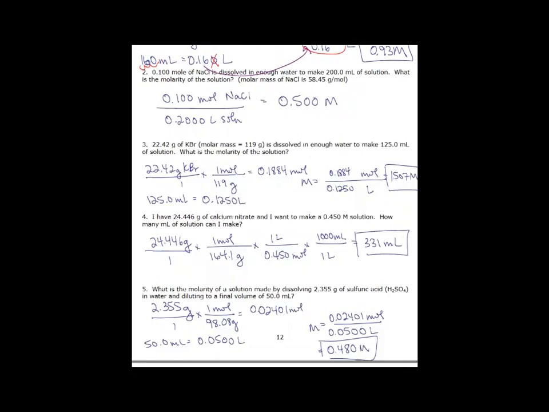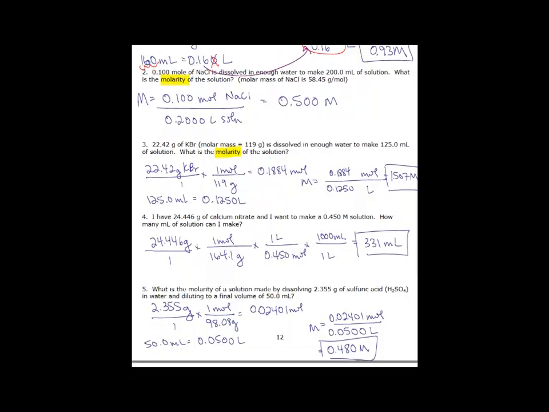Okay, so on number 2, you were again asked to calculate the molarity, just like in number 1. The only thing you really had to convert was 200 milliliters to liters. So you convert 200 milliliters to liters, and divide through to find the molarity. And you have 3 sig figs, so it's 0.500 molar. Number 3, again you were asked to calculate the molarity, but you had a little bit more work to do than in number 2.